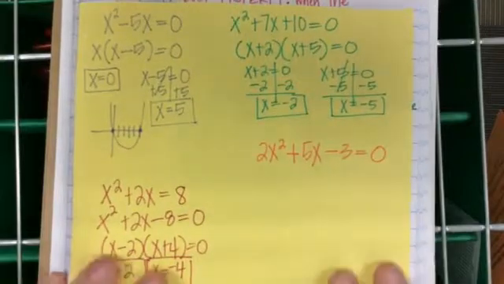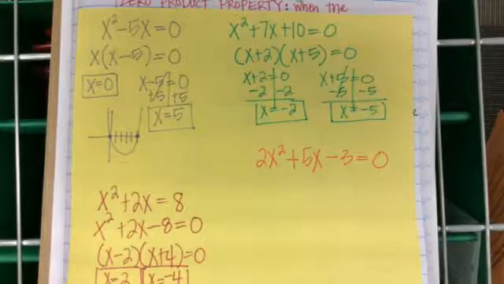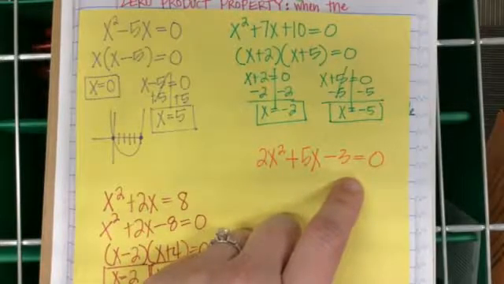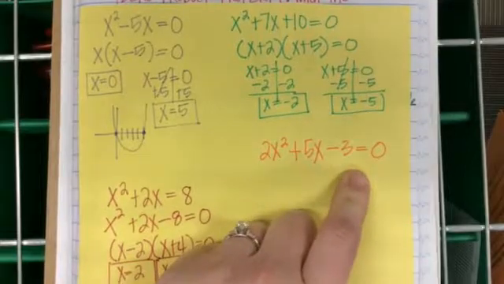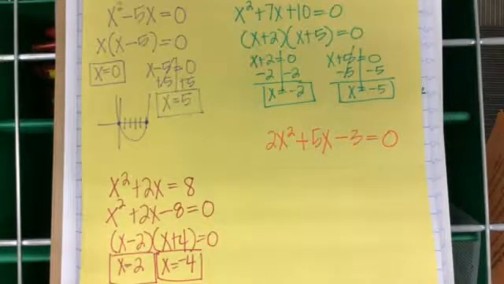Oh, man, I am super delayed. 2x squared plus 5x, I know it's coming down, minus 3 equals 0. This is not an easy problem, correct?